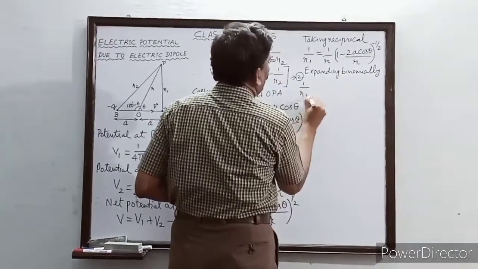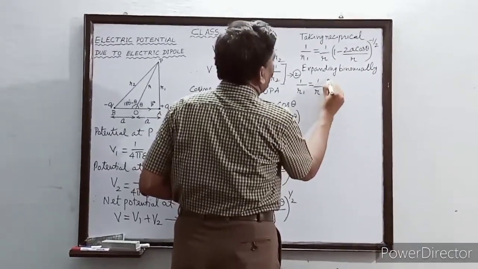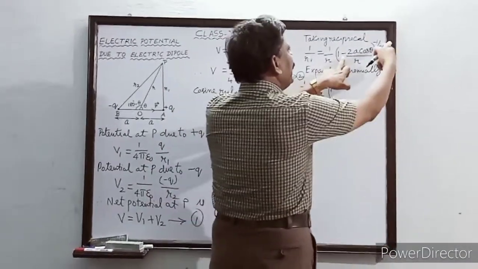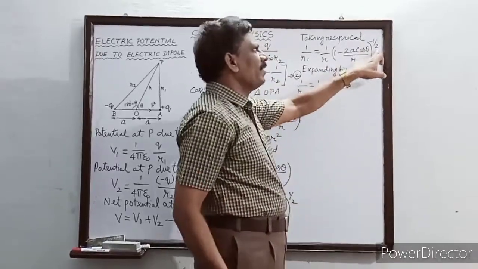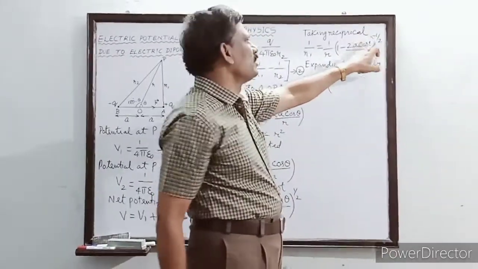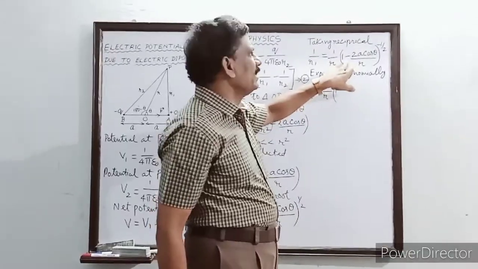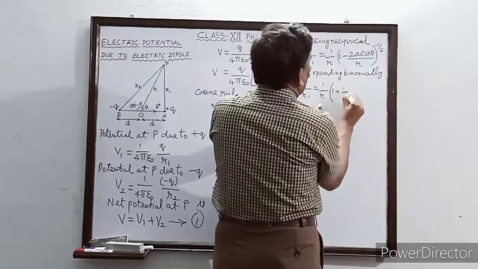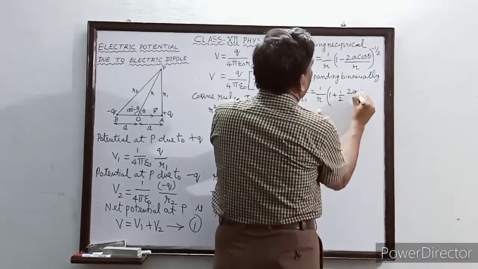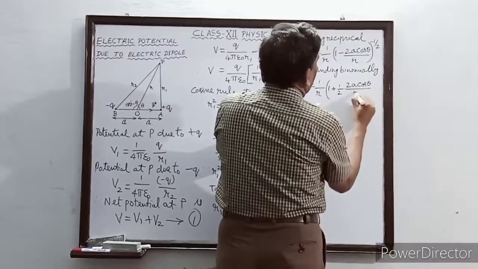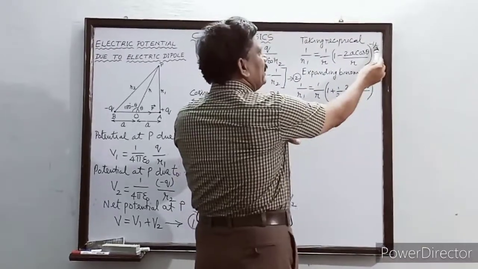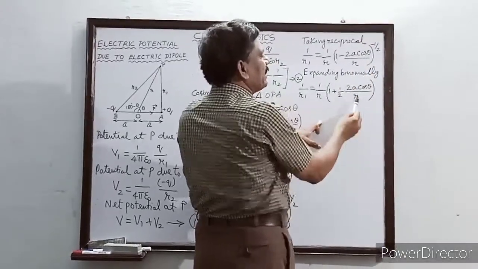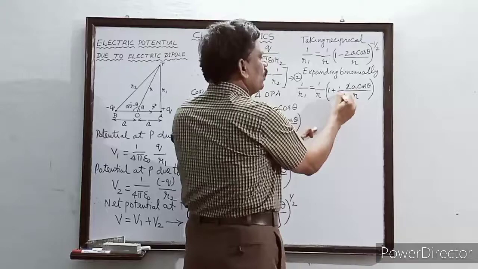1 by r1 is equal to 1 by r into 1 minus nx. So the power n is already a negative term, so minus of minus will become plus. And the n value is minus 1 by 2. So this can be written as 1 plus 1 by 2 into 2a cos theta by r. Minus of minus will become plus 1 by 2 into the remaining term 2a cos theta by r, so that the 2 and 2 get cancelled.